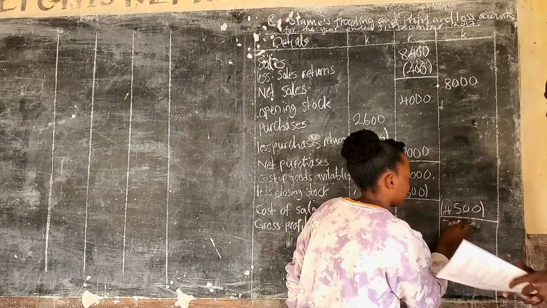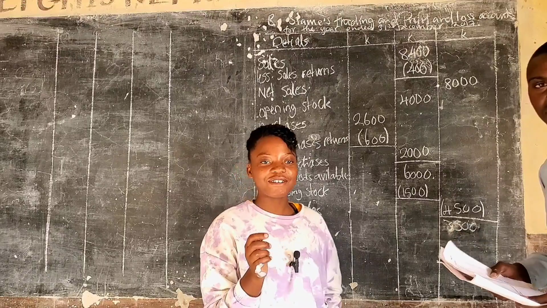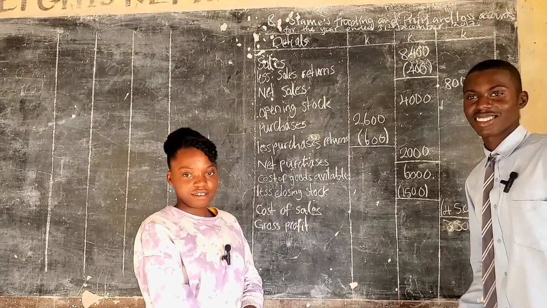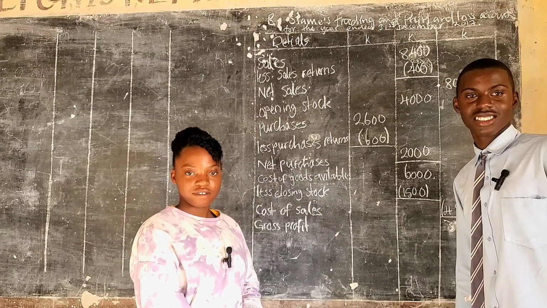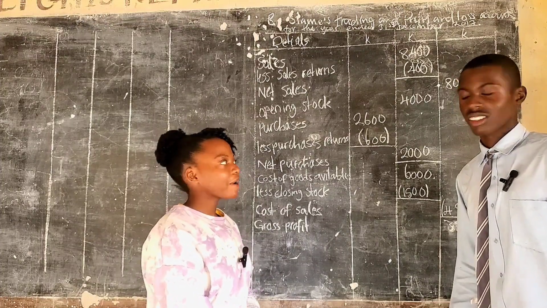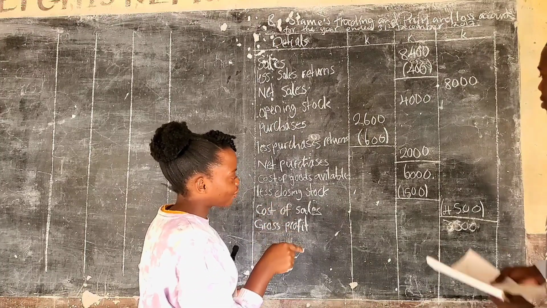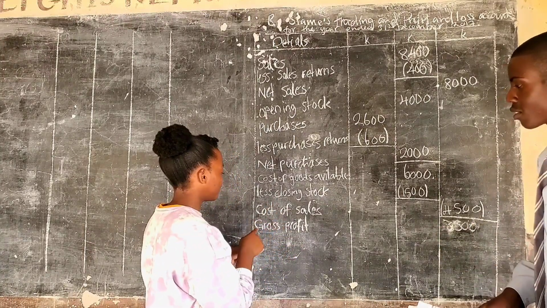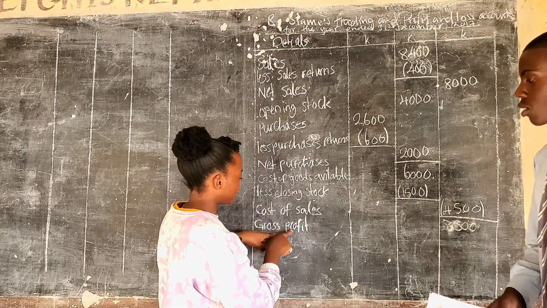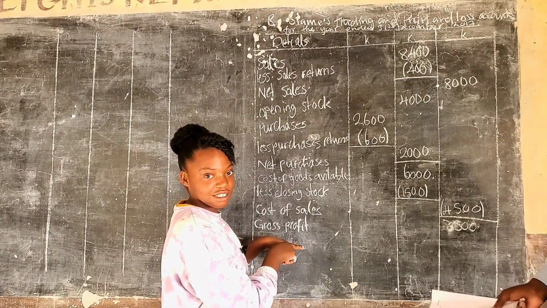Oh, there is a hand. Yes, Ishmael? What if after subtracting we find a negative figure? What do we call it? Good question. When we subtract, if we find a negative, it will simply change to loss, so it will be gross loss.